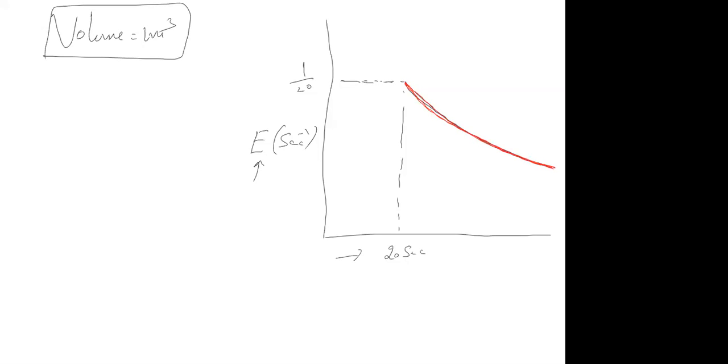The volumetric flow rate is 1 meter cube per minute.